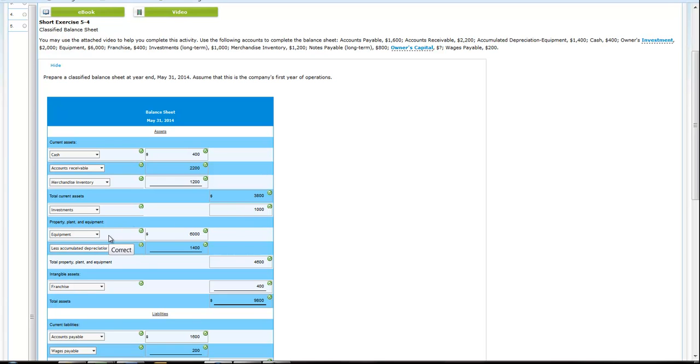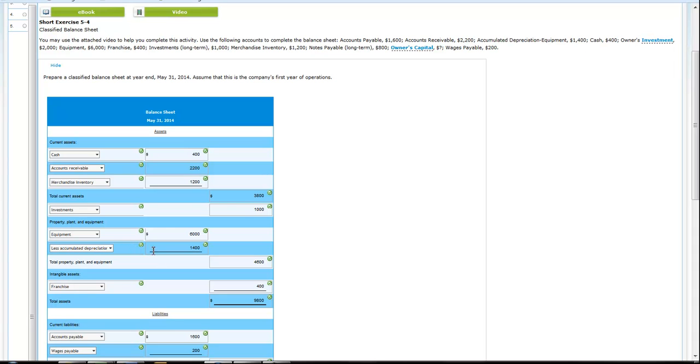Then property, plant, and equipment is going to be any of our depreciable assets, and you could also find land in this account. Keep in mind land is not depreciated, though. These are going to be our property, land, and plants, like the building or warehouse that we use for our company, and then any equipment we use, which could be depreciated. So it's going to have its accumulated depreciation account, its contra account, along with it.